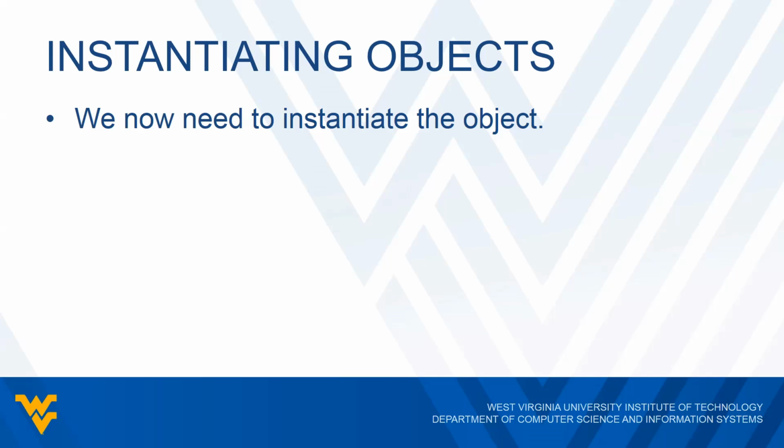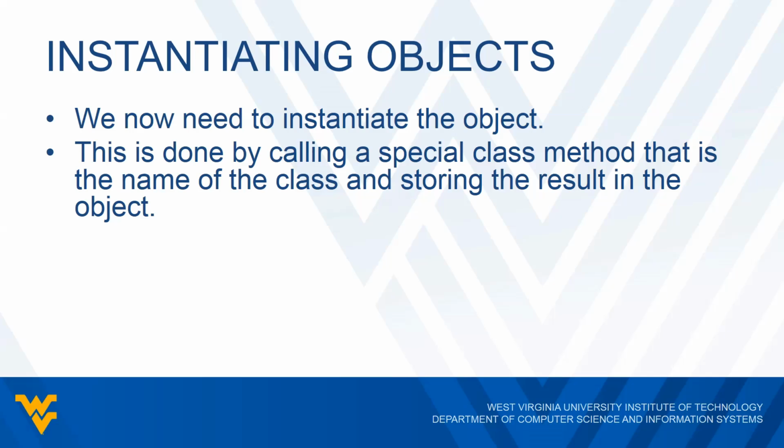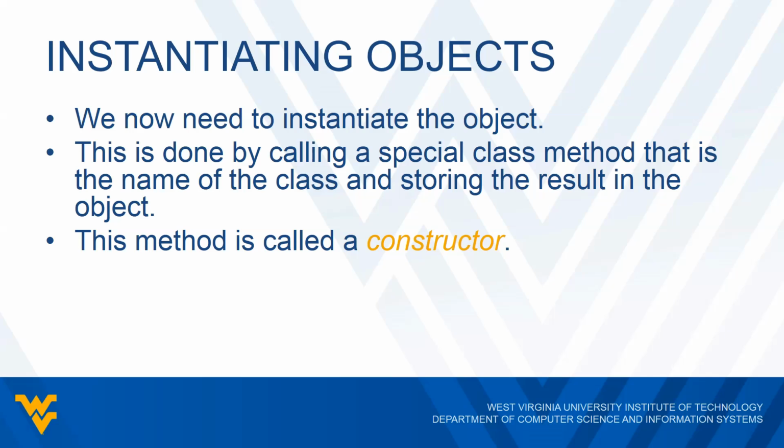The way we do this is that we would call a special class method, and this method is just going to be the name of the class, and this will store the result in the object. Calling this method will take care of creating the memory for us, and then a reference to that memory will be stored in our object, so then we can refer to it anytime we need to use that particular object. This method is what we call a constructor. The reason why it's called a constructor is because it constructs the space needed for the object of the class.